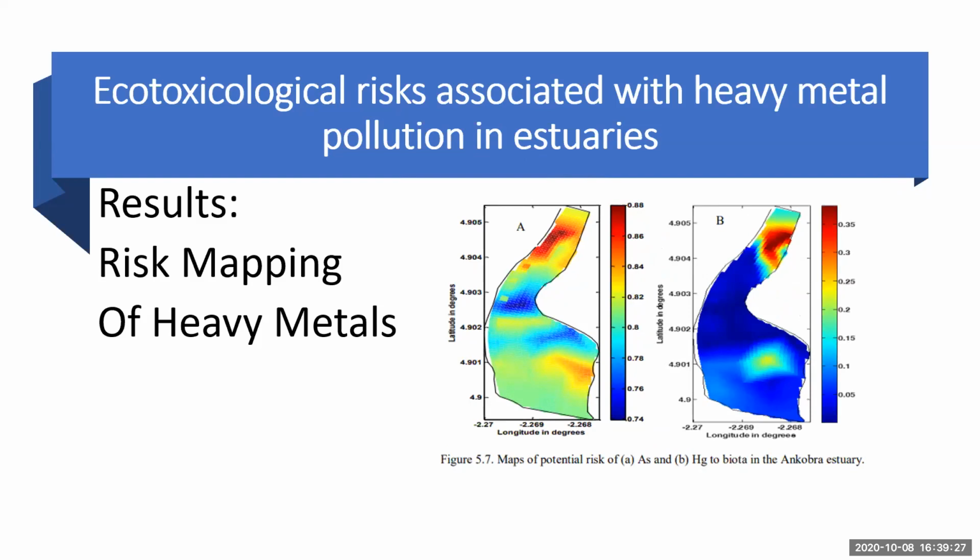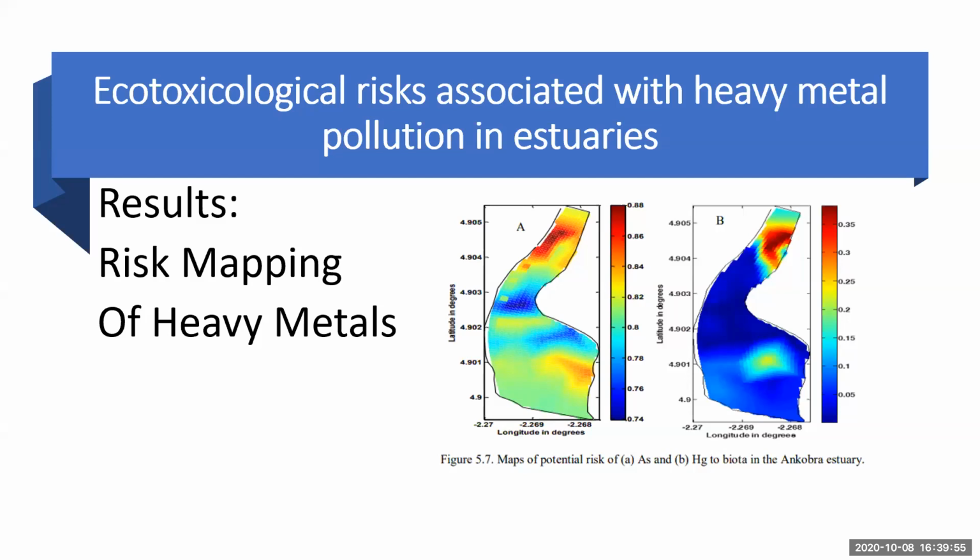For the Ankobra estuary, the first risk map is for arsenic. We saw that arsenic is actually ubiquitous. We find it in all of the estuary, but the levels were very high when you move towards the head of the estuary.